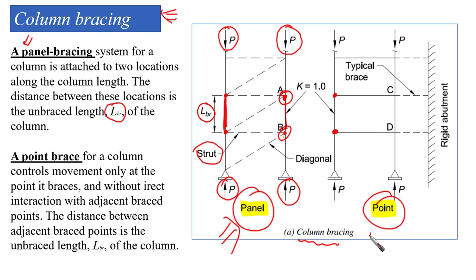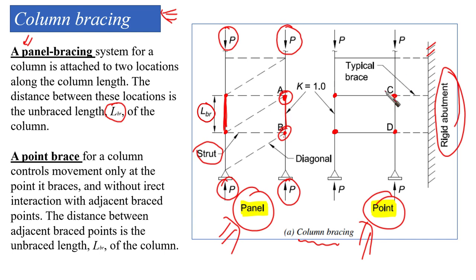But what about point bracing? For point bracing, we need to attach the floor or the segment of the column to a rigid abutment that is going to provide the stiffness and strength required for the system.